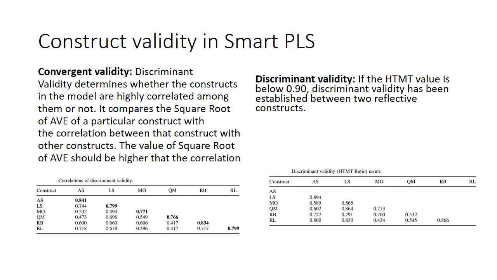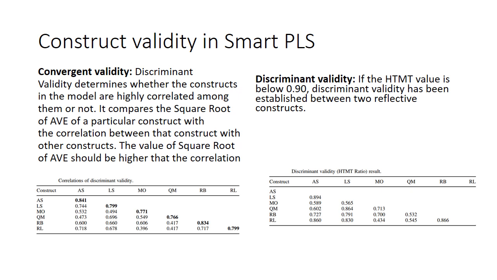So it has a threshold as well. As you see, these are the square roots of AVE. The square root of the AVE of all the variables must be greater than the others, not different, must be greater than.